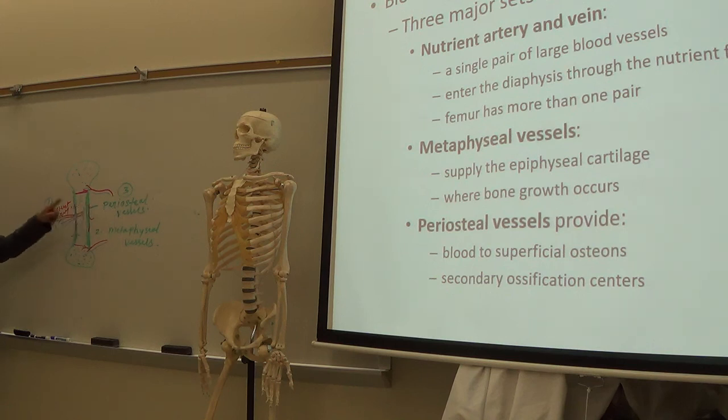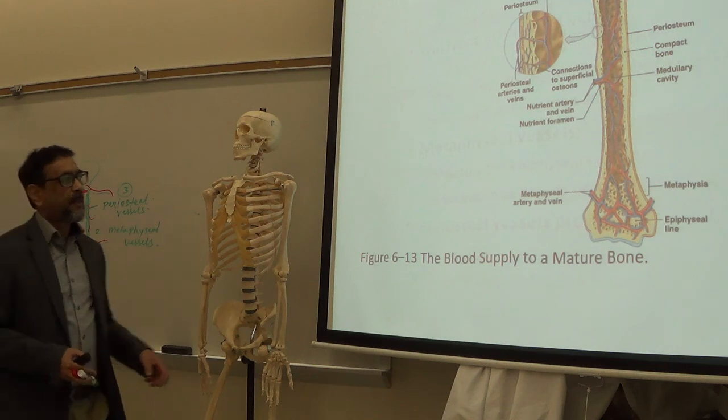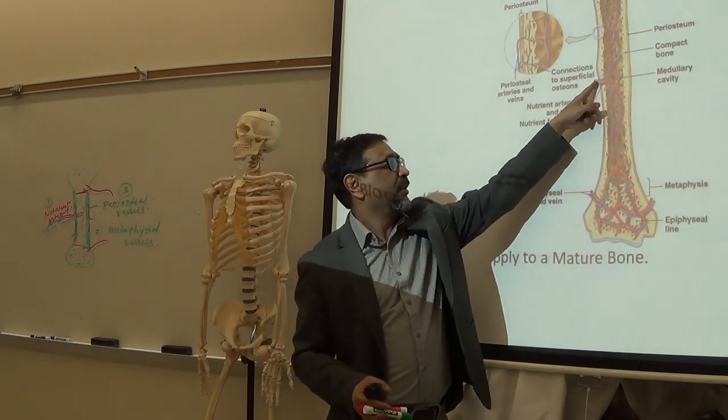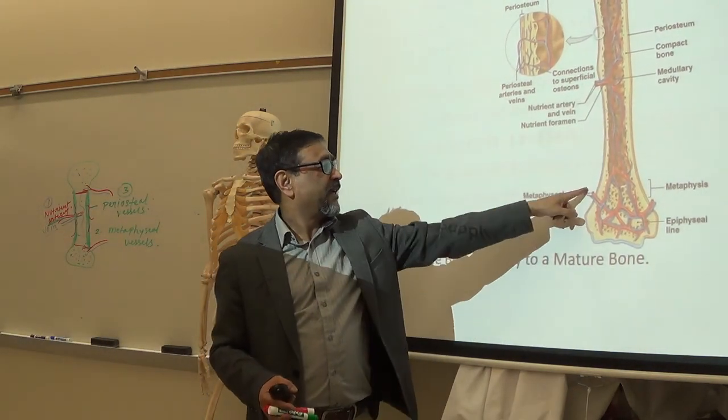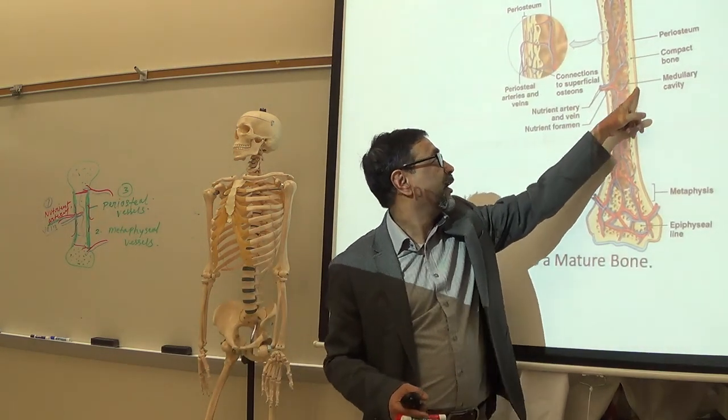And in the periosteum, the covering, you have the periosteal blood vessels. Make sense? Okay. So those are 3 sets of blood vessels that supply blood to the long bone. Here you see in the picture, okay? Nutrient artery and vein, metaphyseal, and periosteal is in the periosteum here.